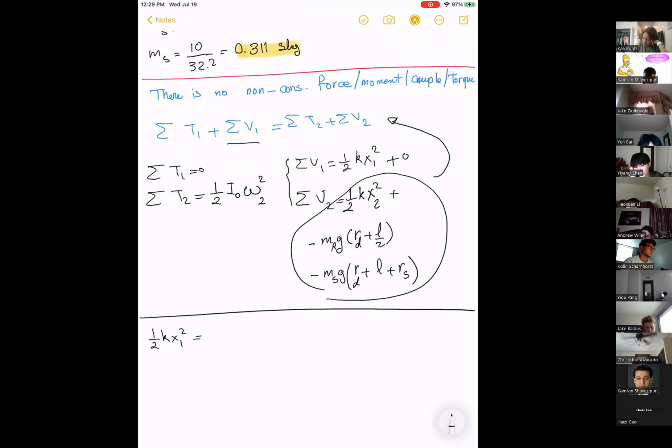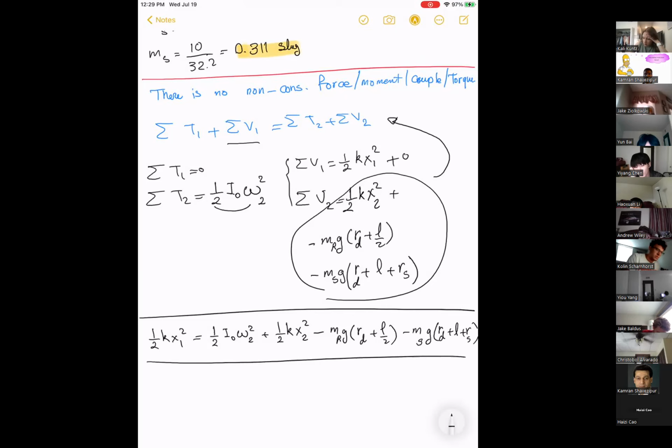On the right-hand side, half I_O omega 2 squared, which is this term, plus half K x2 squared minus m_rod g (r_disk plus L by 2) minus m_sphere g (r_disk plus L plus r_sphere). So this is the final equation, right?